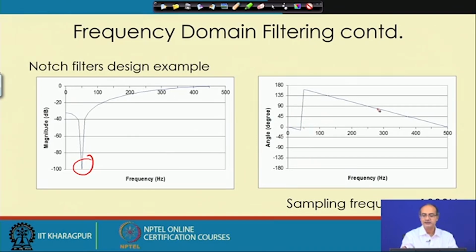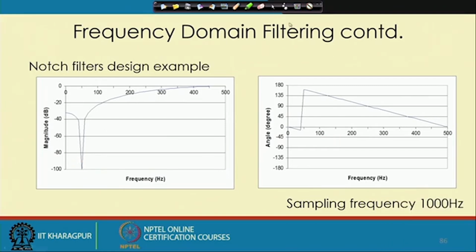As the weights are symmetric here, the phase is linear, but it is piecewise linear. It is not linear for the entire range 0 to 500; it is linear from 0 to 50 and again from 50 to 500. There is a discontinuity at the point 50 hertz. Okay. So, that is how we get the notch filter here.